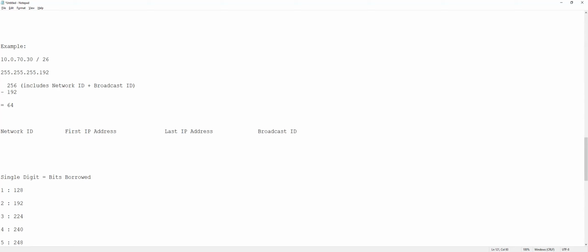All right. So this 64 right here, the interval, is our network ID. All right. So in this case, you will start from 0 and then you'll go to 64. And you wouldn't go any more. Why? Because this IP address will most likely be within this range here.